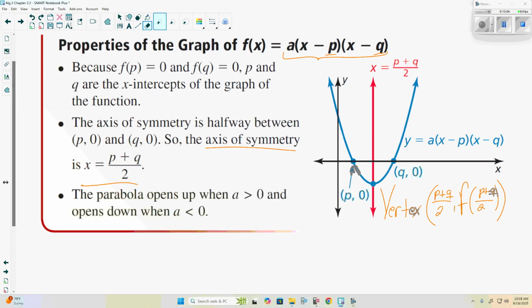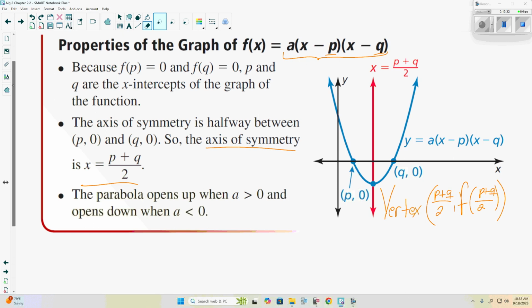So with the x-intercept form, we're actually finding a few things. We are still going to find the vertex of this parabola. We are going to find the axis of symmetry, and we will find the x-intercepts. So we're finding one more thing. Now with this here, the axis of symmetry is going to be exactly between our two x-intercepts.